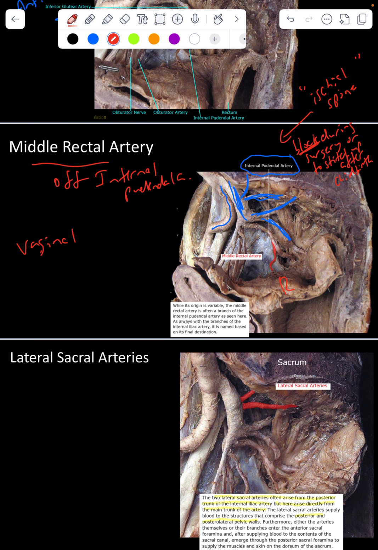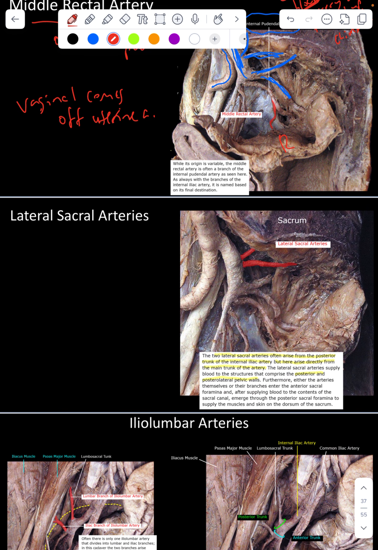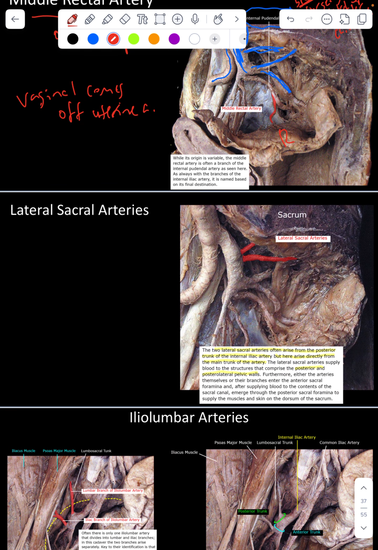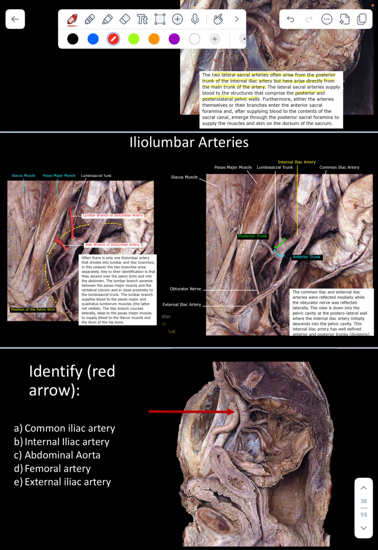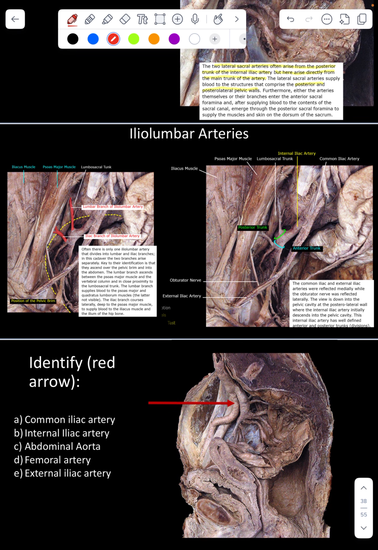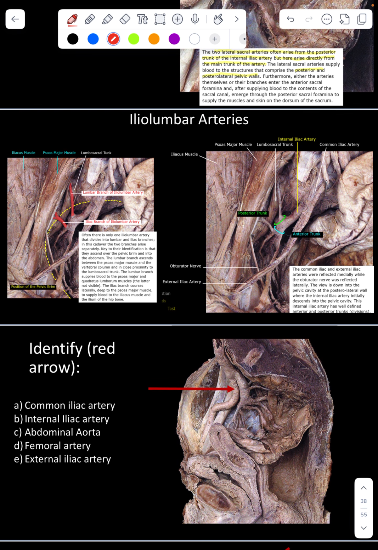Vaginal comes off the uterine artery. Lateral sacral we already saw, going laterally to the sacrum. We saw all this.